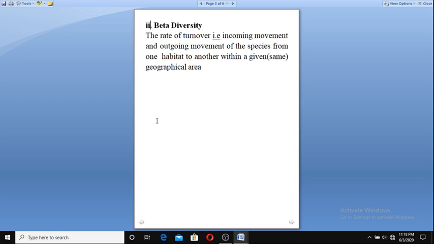Example, you have a pond. In that pond, it is the same geographical area. The fish try to move from one habitat to another habitat within the same pond. The movement and incoming of species that move from one place to another within the same geographical area is called beta diversity.